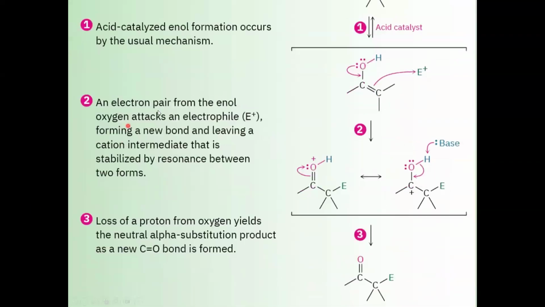Then we create this electron-rich area with the carbon-carbon double bond that acts as a nucleophile towards some other electrophile. In future lessons, we'll talk about what those electrophiles might be. Then you regenerate the ketone form, but instead of a hydrogen, you have the other electrophile attached now, okay?